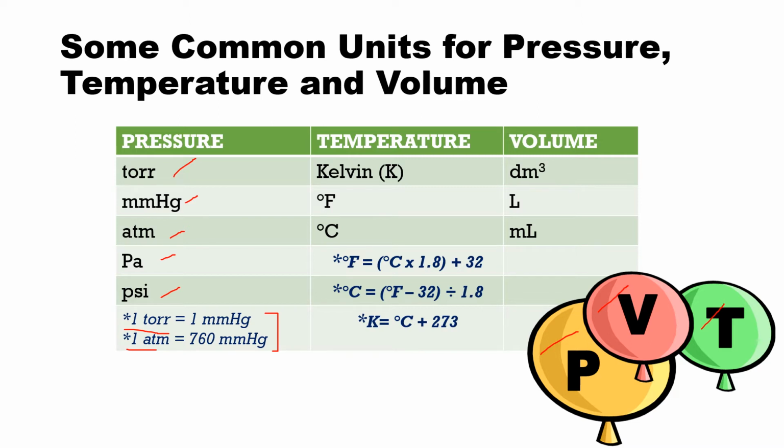For temperature, we have three common units: Kelvin, degrees Fahrenheit, and degrees Celsius. But please remember that the standard unit for temperature for gas laws is kelvins. So if the temperatures in the problems later on are expressed in degrees Fahrenheit or degrees Celsius, we need to convert them first to kelvins before we can solve the problem.